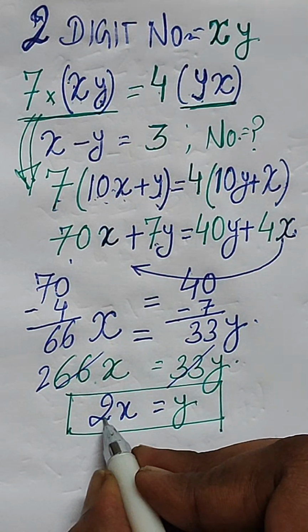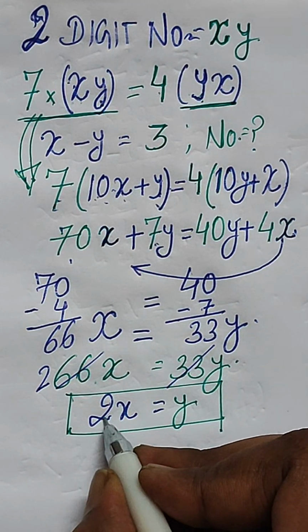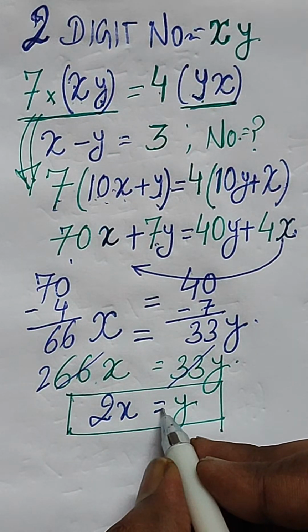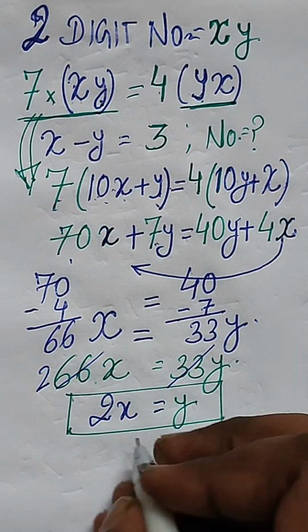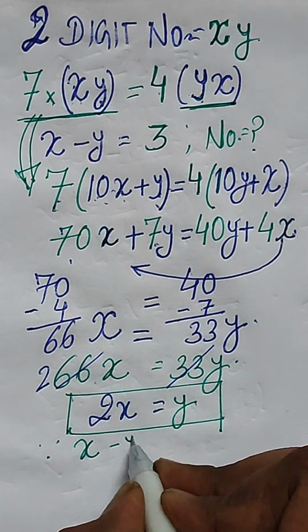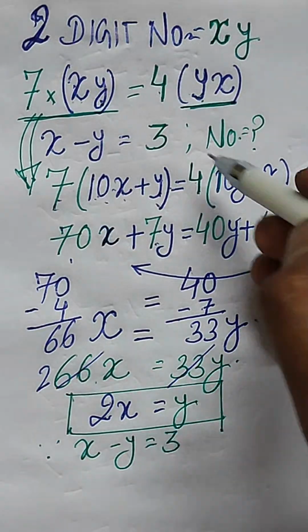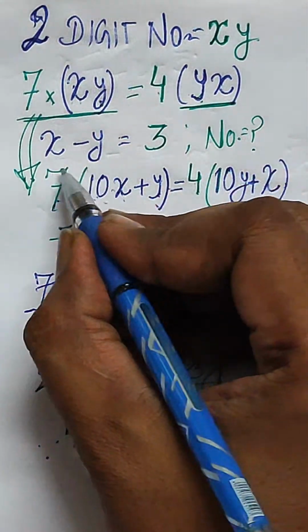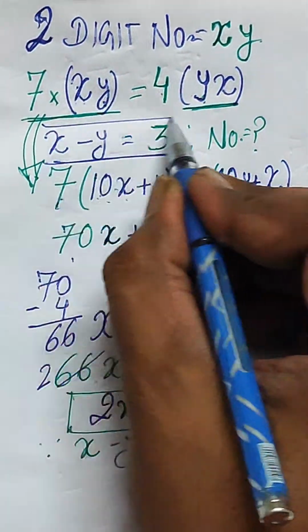So what will happen if x minus y is equal to 3? Let me write it. Since x minus y is equal to 3, this is the relation you can see which is given in the question.